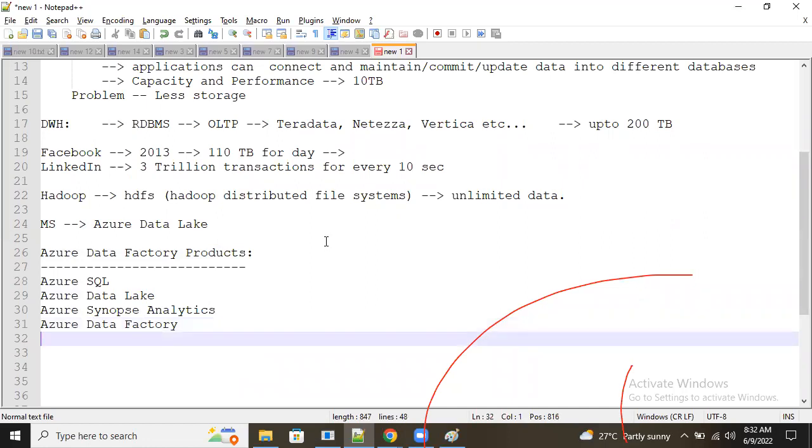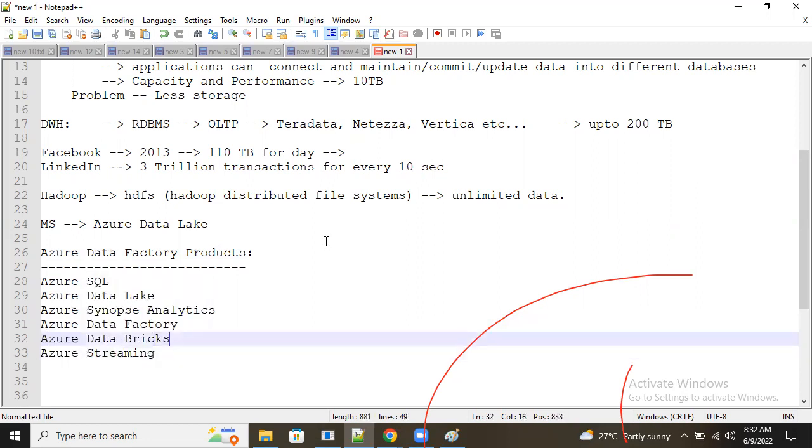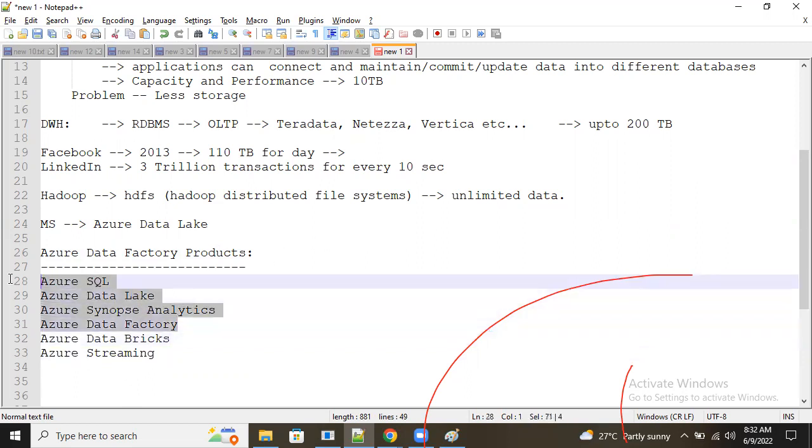Let me list them out: Azure Databricks, Azure streaming, Azure virtual machines. We have so many things. So now let us focus on this area.